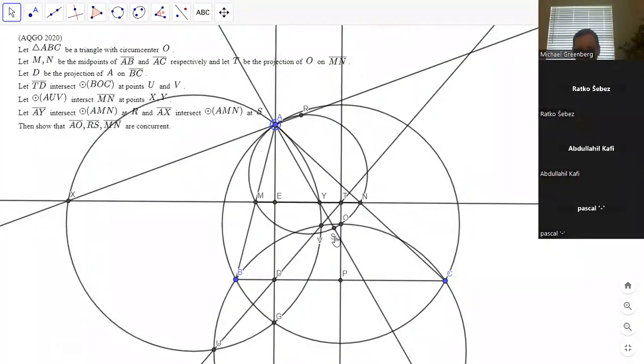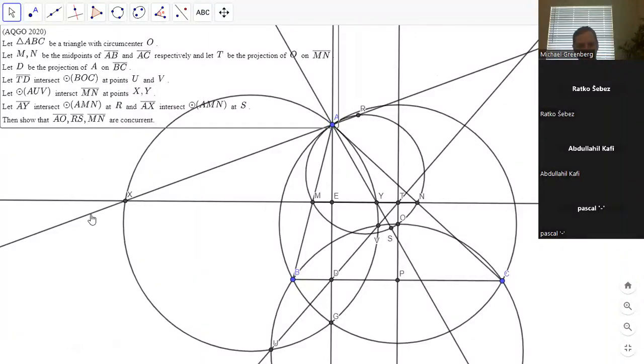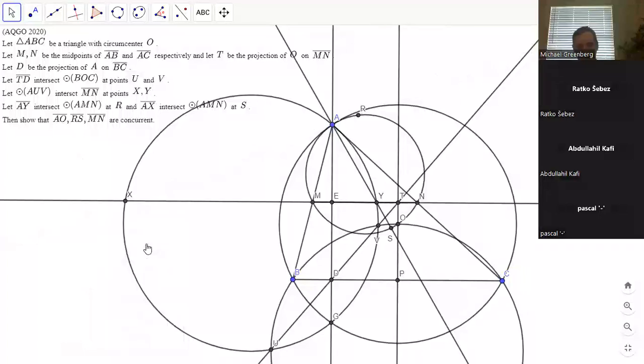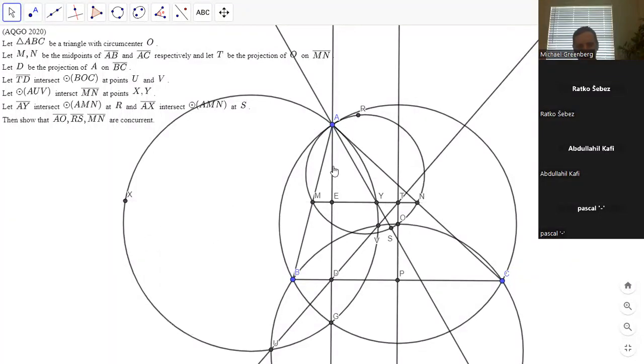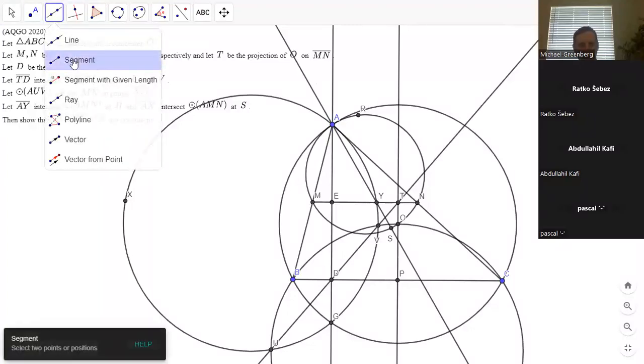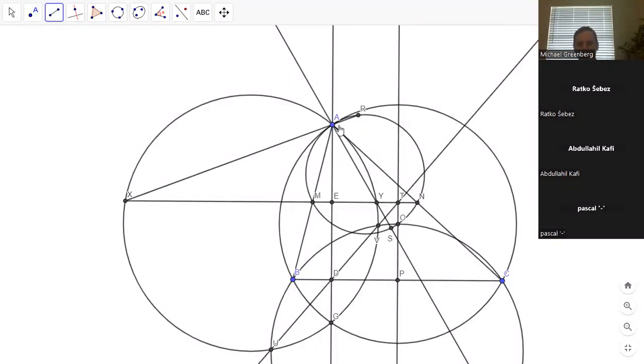so first, let's try to show TOVY is a rectangle. Which looks to be true.